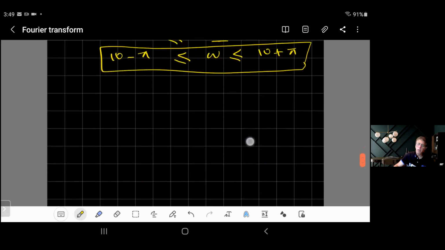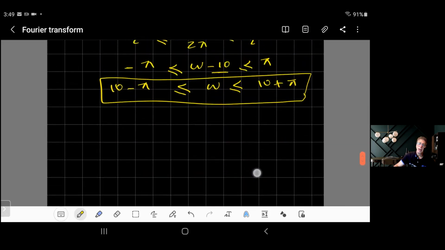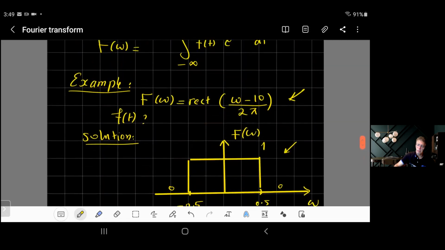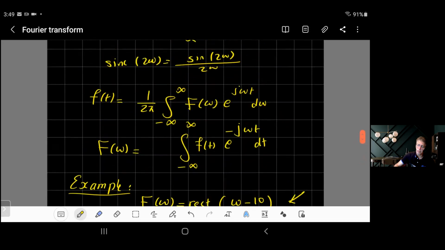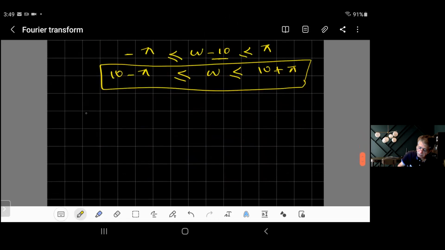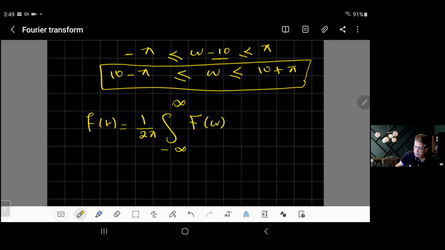Now we're going to start to apply the integral form of the inverse of the Fourier transform, the top one here. I will write it again. f of t is equal to 1 over 2 pi, the integration from minus infinity to infinity, the function of omega, e to the power j omega t, d omega.